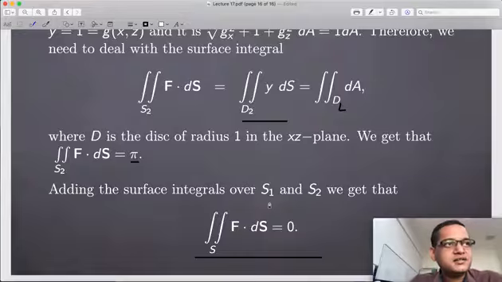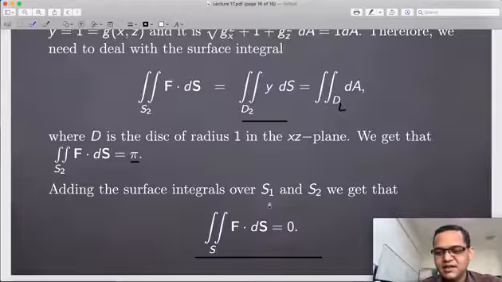Okay, work out some more examples. Now in the next part of this class, I will talk about some further important results which will be analogs of Green's theorem. Now we will have some analogous results for triple integrals.